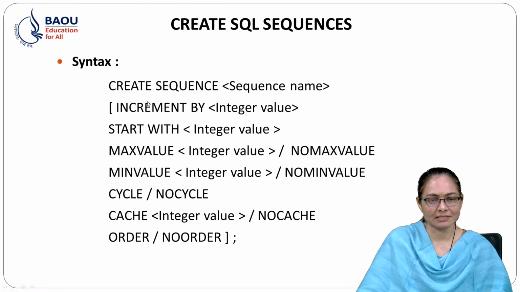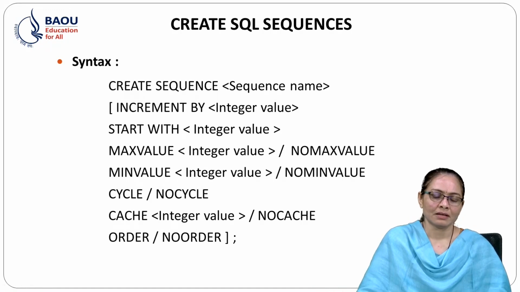But which ones are necessary? INCREMENT BY, START WITH and MAX VALUE. These three options are necessary. The others are optional. If we do not provide the minimum value, cycle, cache, order, then it's okay. It will also generate.